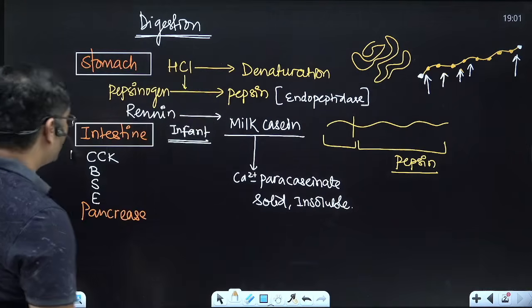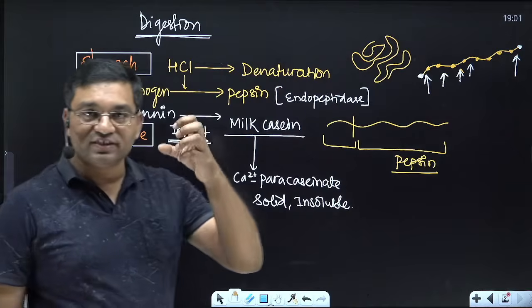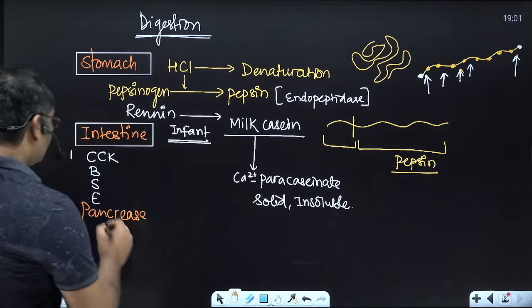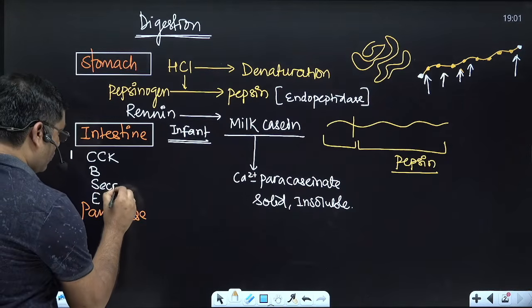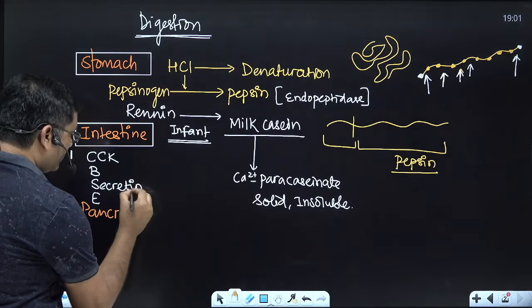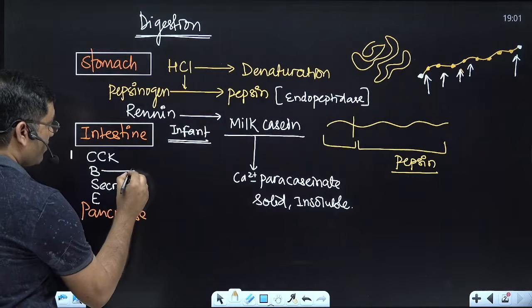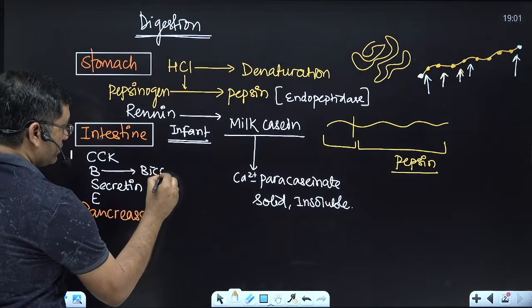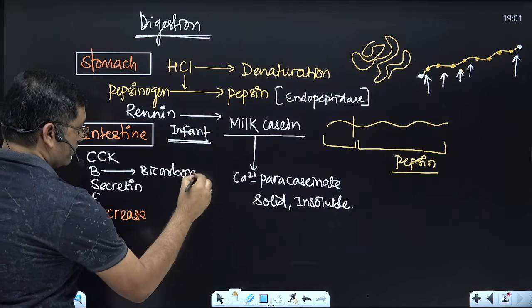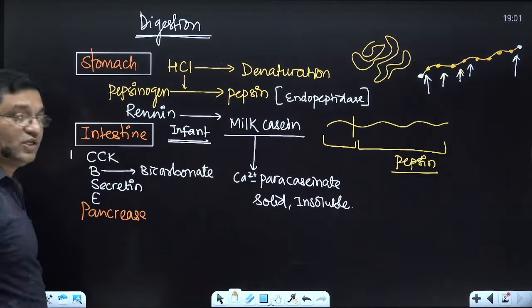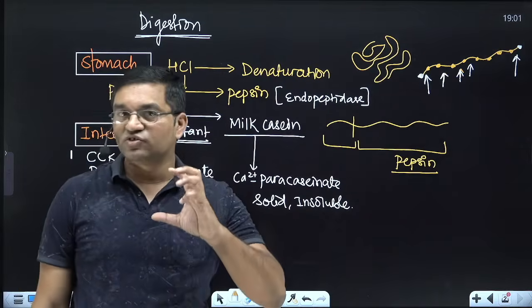There is secretion of cholecystokinin when food reaches the duodenum, along with secretin. And this secretin causes the release of bicarbonate from the pancreas and neutralizes the acidic pH of the stomach.